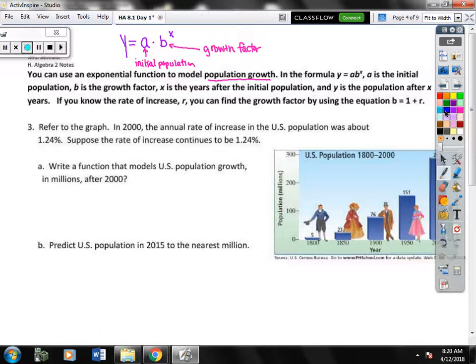So there's a formula for the growth factor, and that is B equals 1 plus R. R is the rate of increase, or decrease, technically. That would just be a negative number then. But rate of increase, and we'll put it as a decimal. So you'll have to convert the percent to a decimal first, and then plug it into that formula.